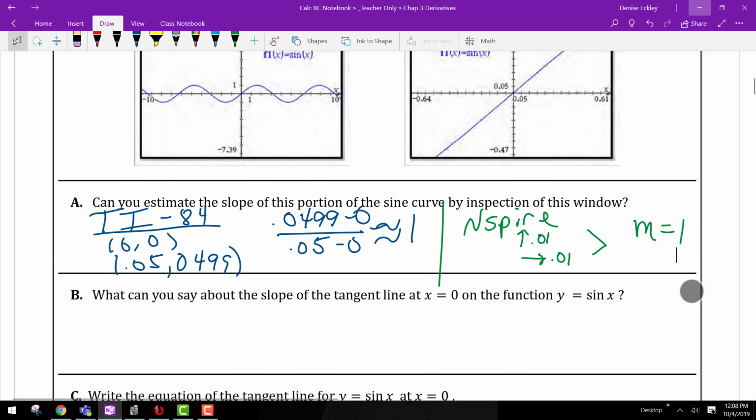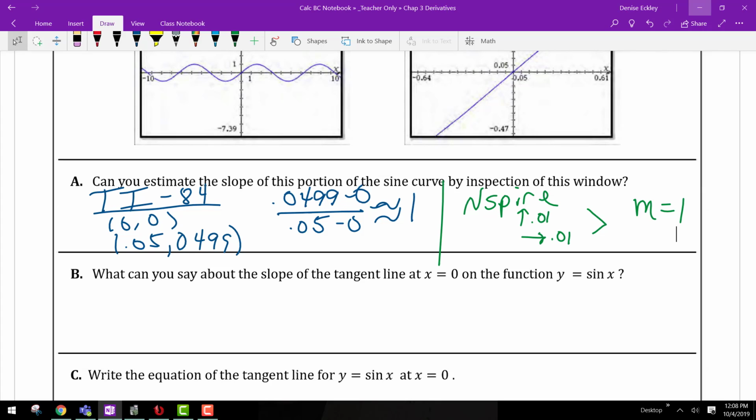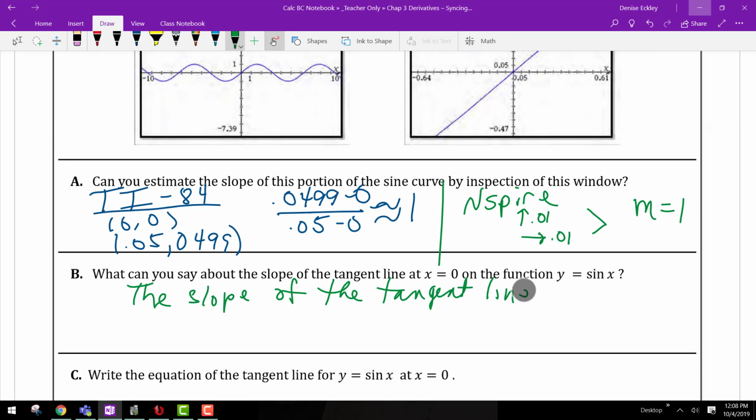So what can we say about the slope of the tangent line at x equals 0 for the function y equals sine x? We can say that this is our linear approximation: the slope of the tangent line at x equals 0 is 1 on y equals sine x.